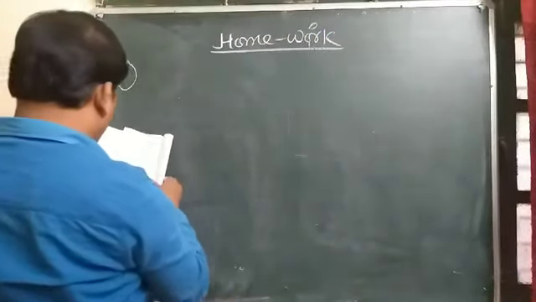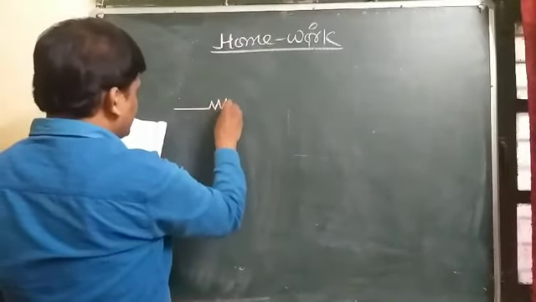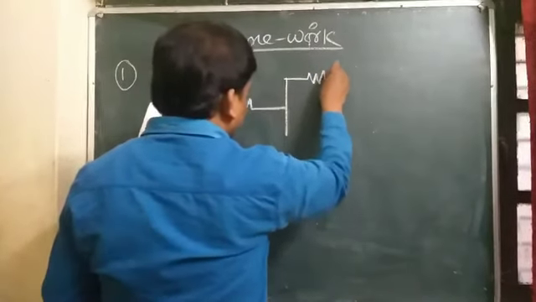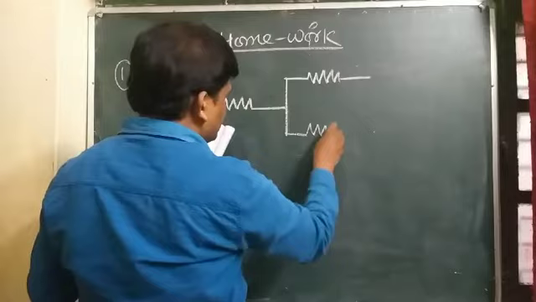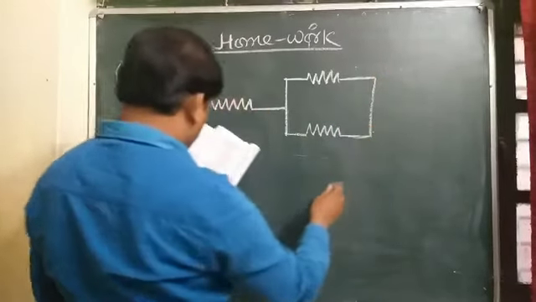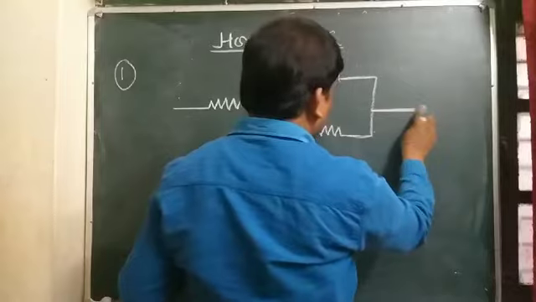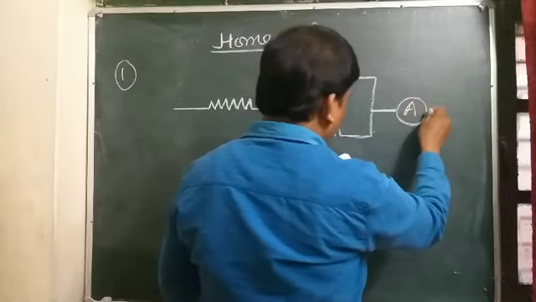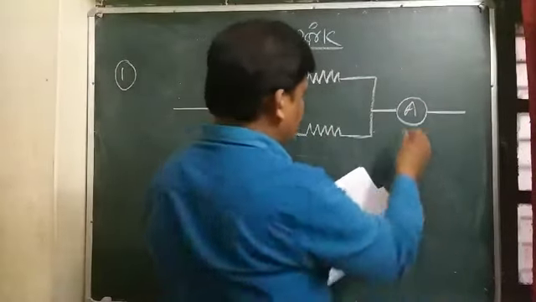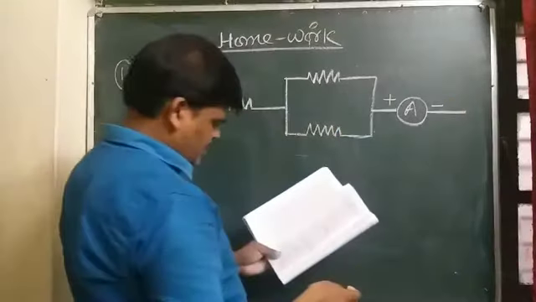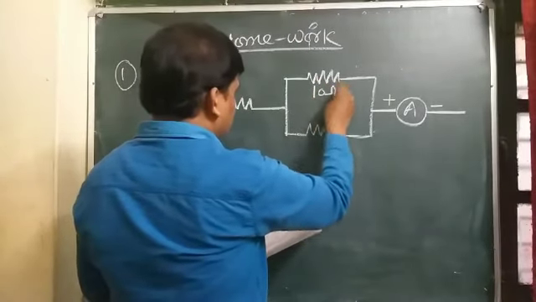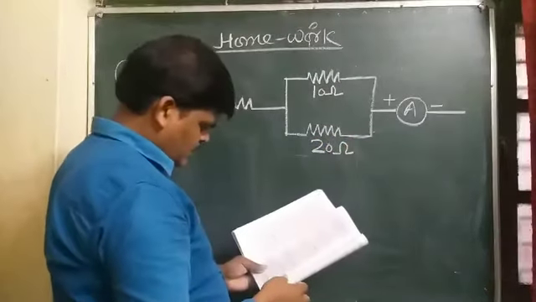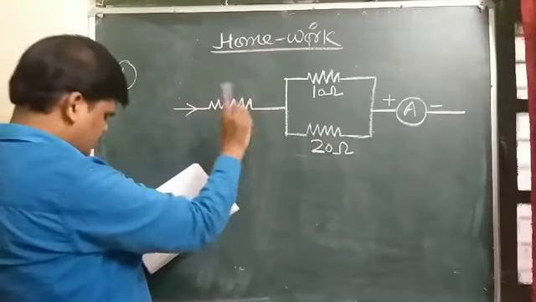One question. This is the circuit diagram, student, note it down. Here is an ammeter, with positive and negative terminals. This is 10 ohm, and this is 20 ohm, as it is.